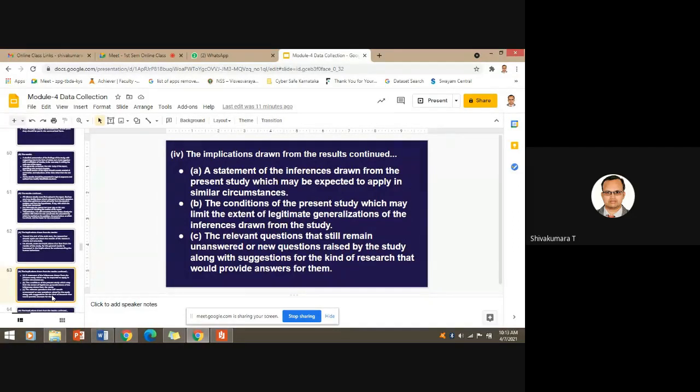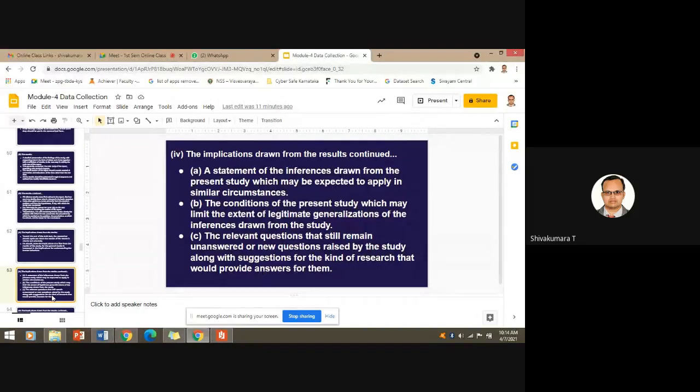Right. The relevant questions that still remain unanswered, and new questions raised by the study, along with suggestions for the kind of research that would provide answers for them. There is a possibility, because the end of every research will have a new beginning.